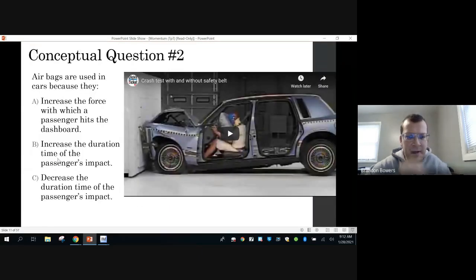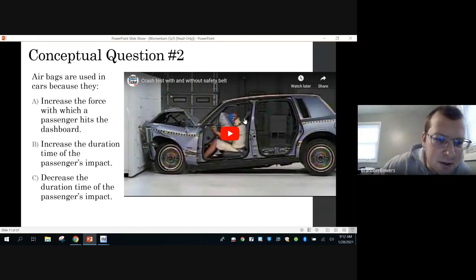So if we asked ourselves, why are airbags used in cars? Is it to increase the force with which a passenger hits the dashboard? Well, hopefully we don't say that one. Or to increase the duration of a passenger's impact, or decrease the duration?